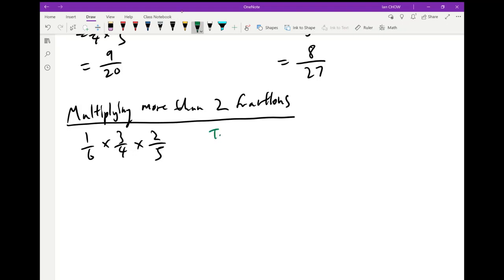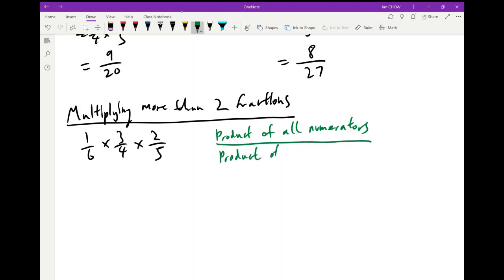It's going to be the product of all top fractions, or all numerators, I should say, over the product of all denominators. So it's all the top numbers multiplied to each other divided by all the bottom numbers multiplied to each other. And so that will be equal to 1 times 3 times 2 at the top, all over 6 times 4 times 5.